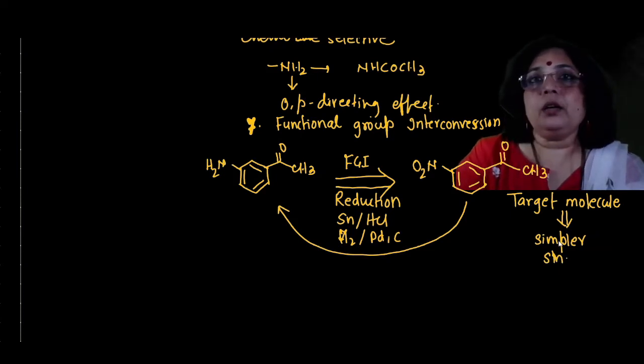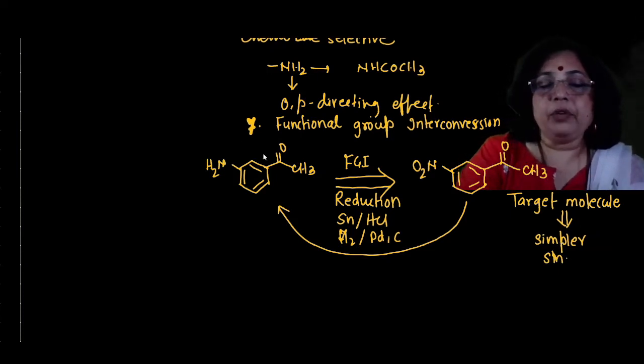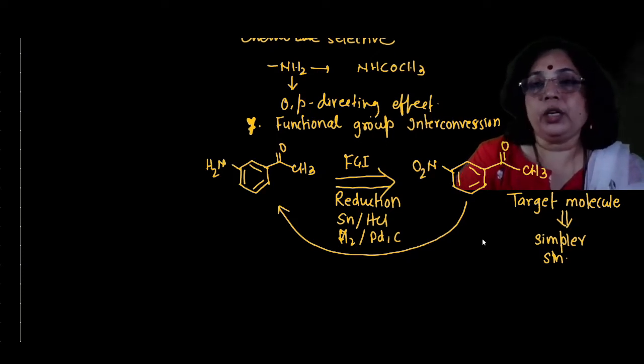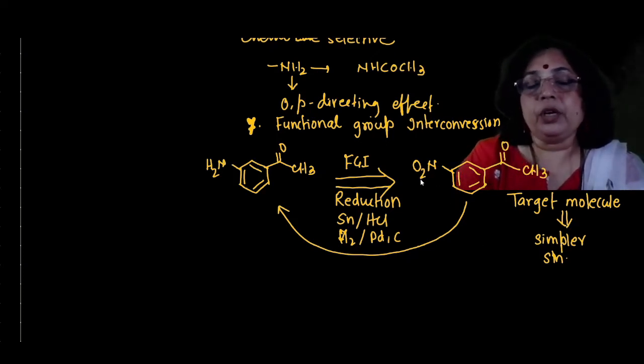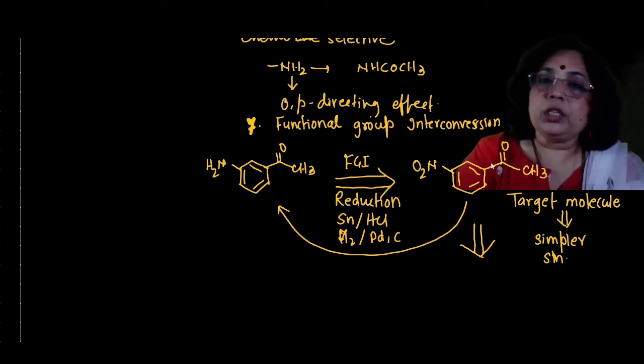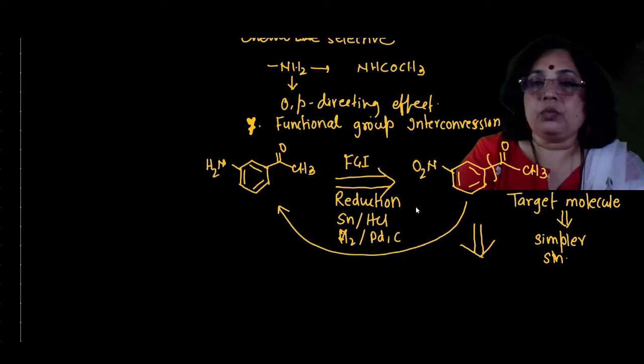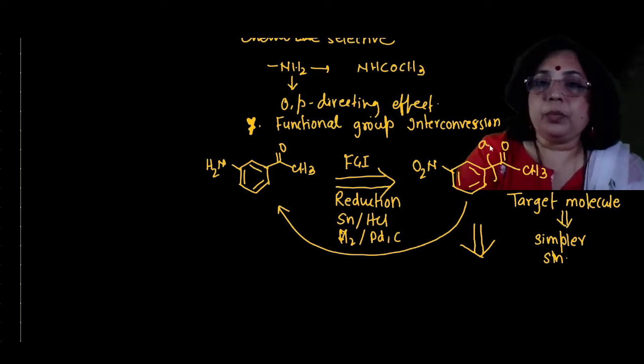Here I have done the first operation, that is FGI, the functional group interconversion, where I have converted NH2 into NO2. Now again I have started the disconnection approach. I have tried this one. So this is the first path.